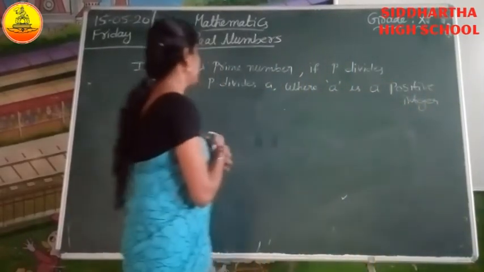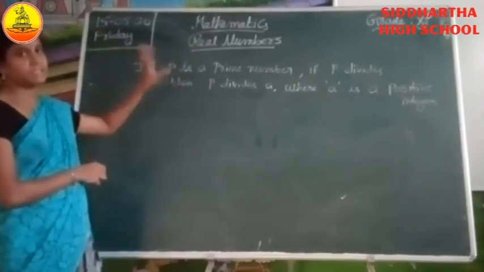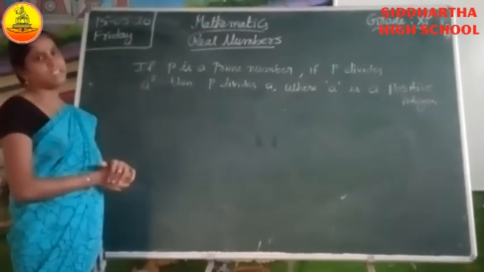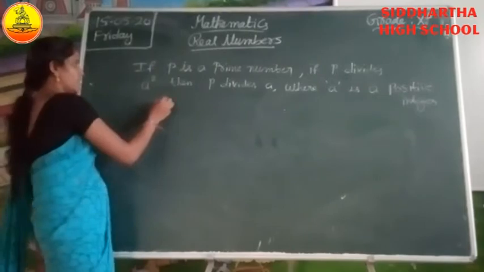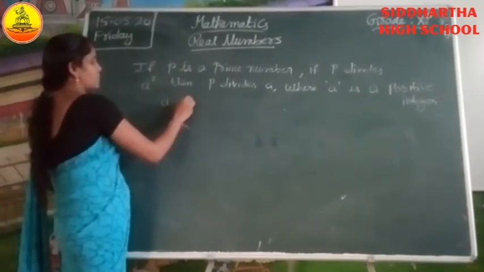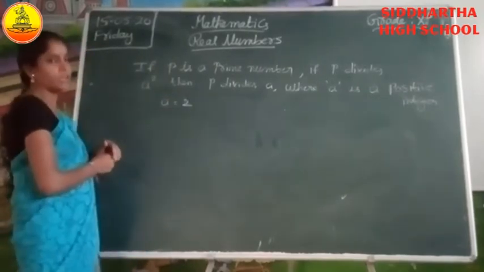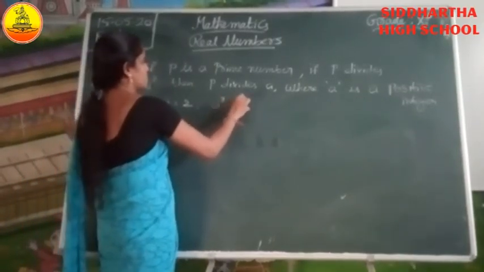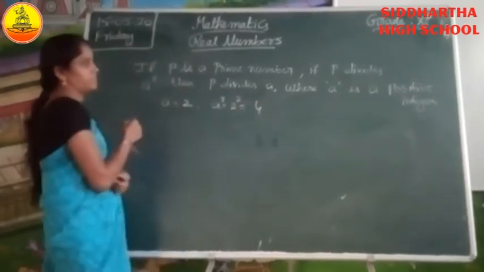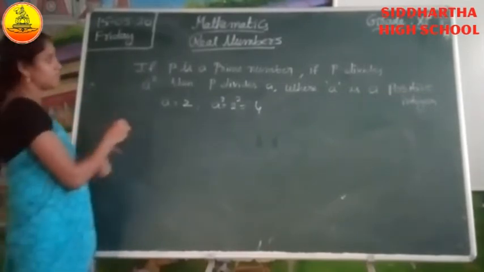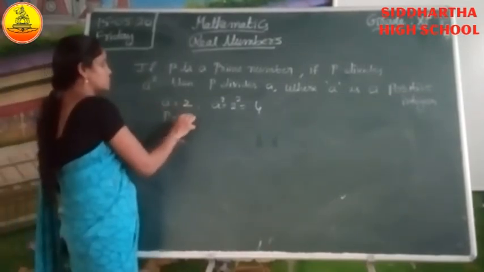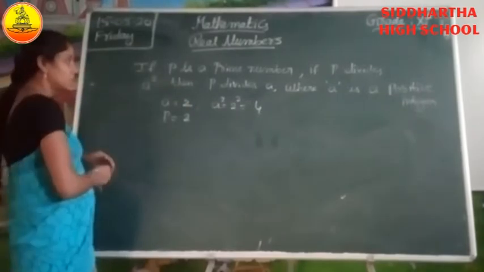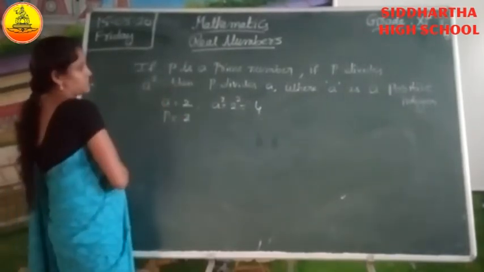What is the theorem? You take any one prime number, p. If p divides a square, you take the value of a as anything. Let us take the value of a as 2. Then what is the value of a square? 2 square, the value is 4. You take p any prime number. I am taking the value of p as 2. 2 is a prime number. You see, does p divide a square or not?